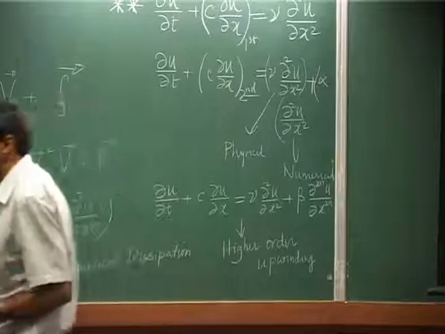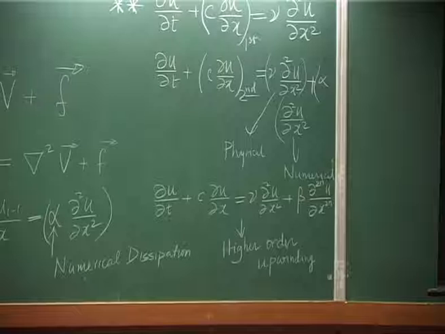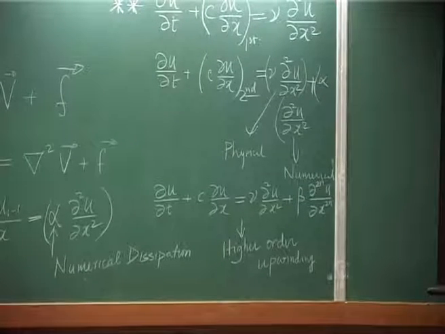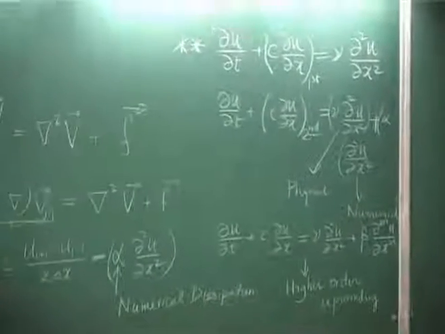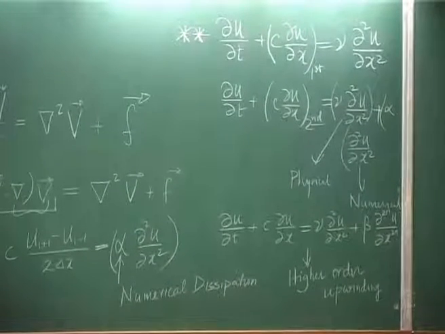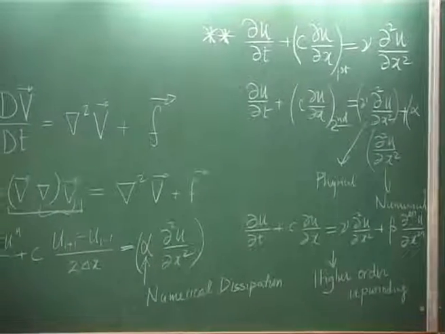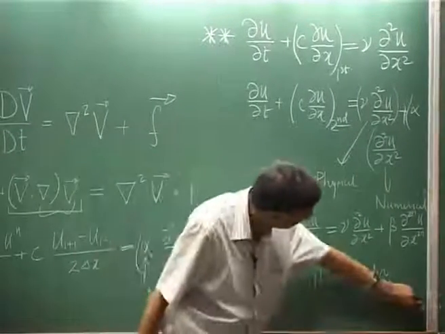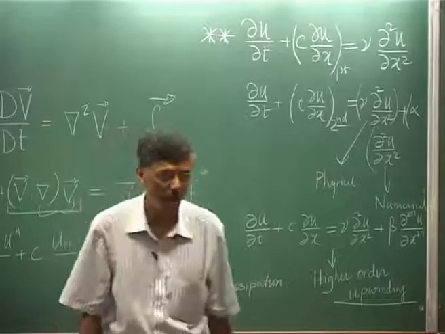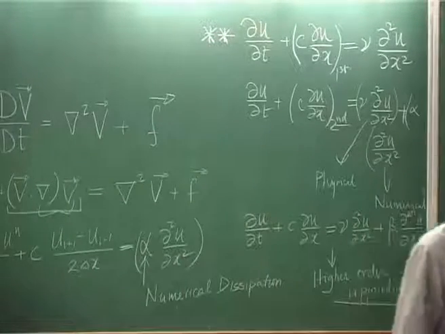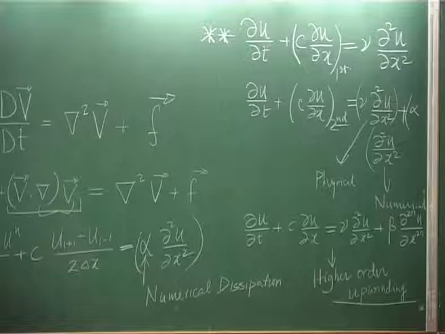Please keep in mind that there are practically no computing methods which do not use higher order upwinding, or the concept of upwinding is all pervading. You cannot avoid this. If we do not do upwinding, we end up getting numerical instability.